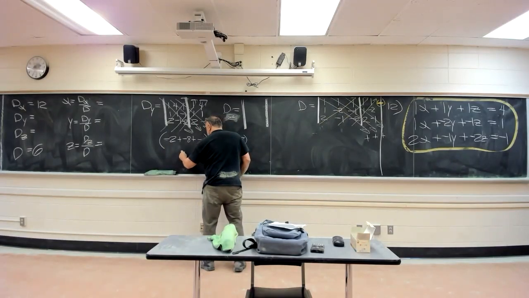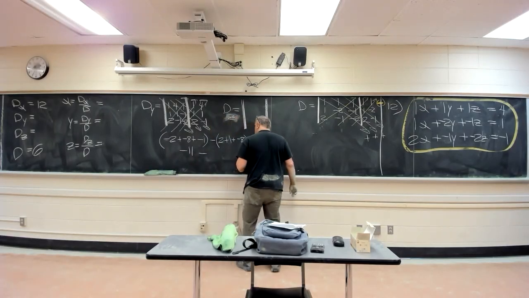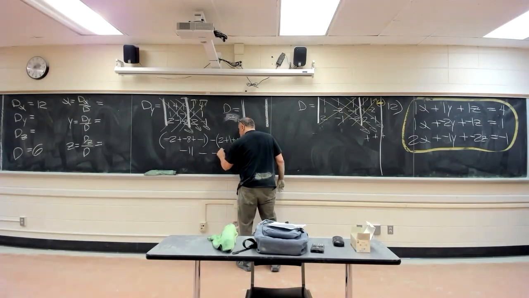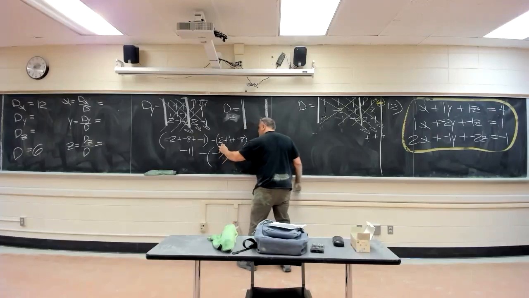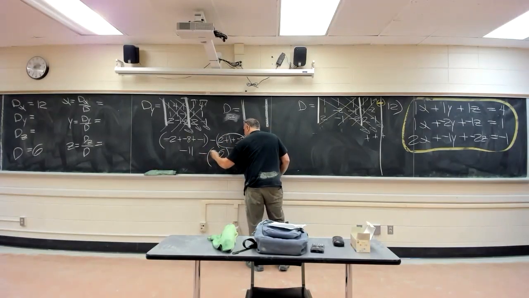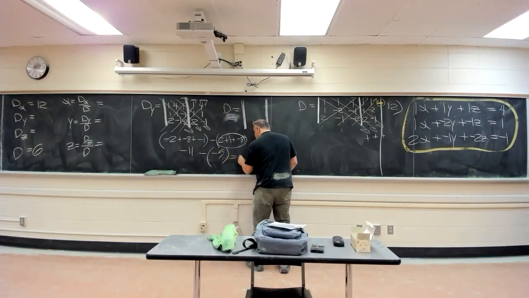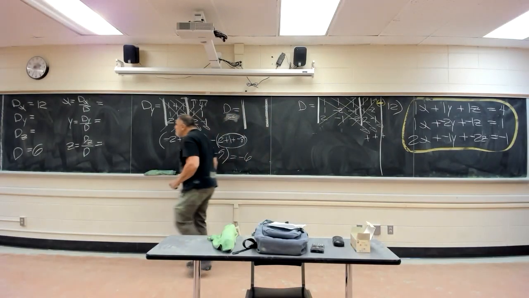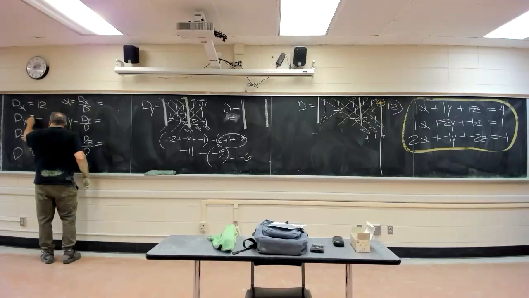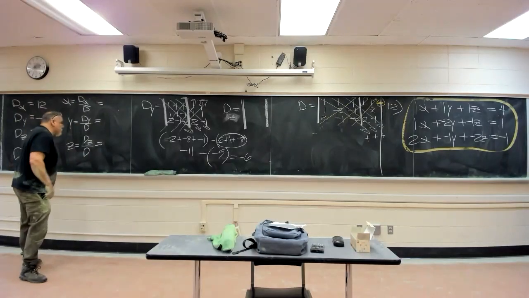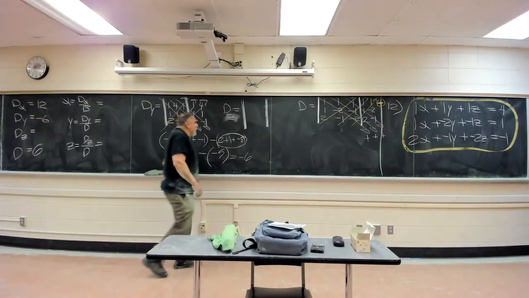You add all these together, you got negative 11. You add all these together, you got negative 5 on the inside, right? Got negative 5. Minus a negative 5 is plus 5. 5 plus negative 11 is negative 6. All right, it seems like some good divisions are going to go on.